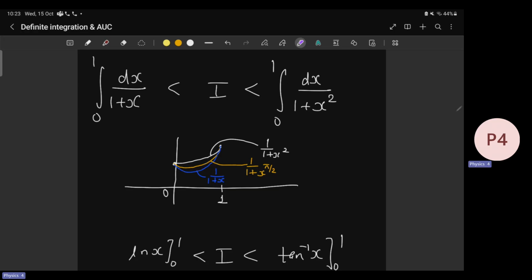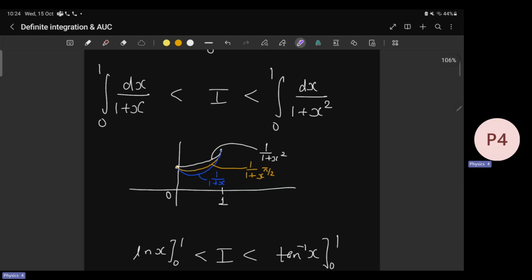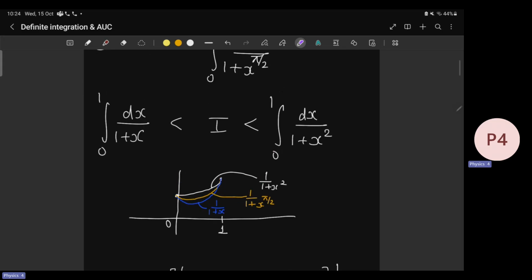When we integrate this, we get this area. So we have to find the area subtended by this graph. This will be this area. So we can clearly see from the graph that the area subtended by the required graph I will be lesser than this and greater than this.